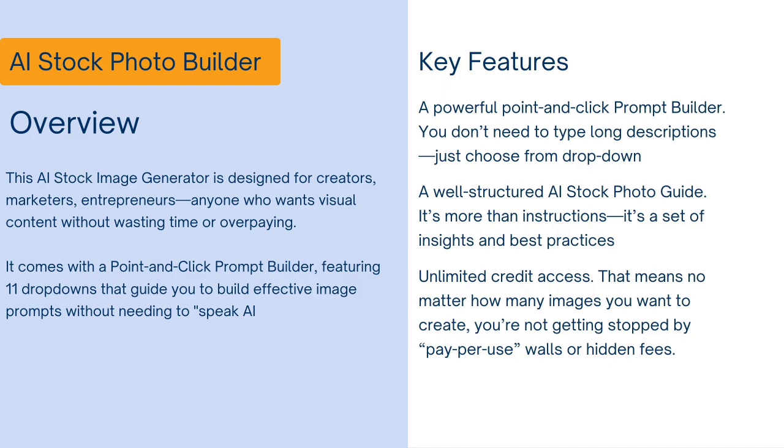And there is a stock photo prompt guide that helps you craft more targeted, specific instructions to get closer to your vision. And there is no credit system, which means you can generate unlimited images without ever worrying about running out. It's like having a 24/7 image creation assistant who never asks for a raise.